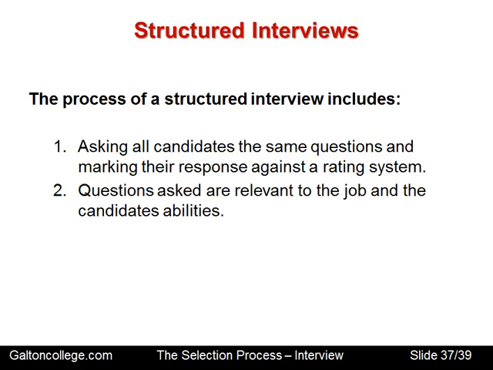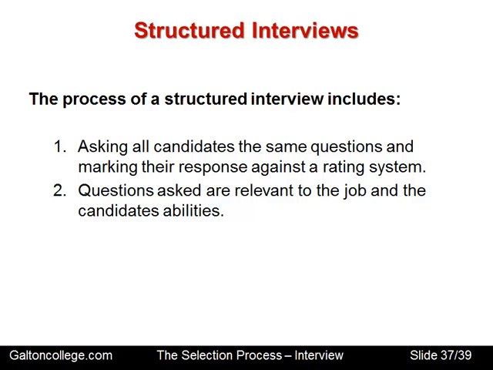Questions asked are relevant to the job and the candidate's ability. With the unstructured ones, all sorts of prejudices could creep in, like this person is like me, so therefore this person is good. Or the halo effect, as I said, where people overlook weaknesses because there is something good that they like.